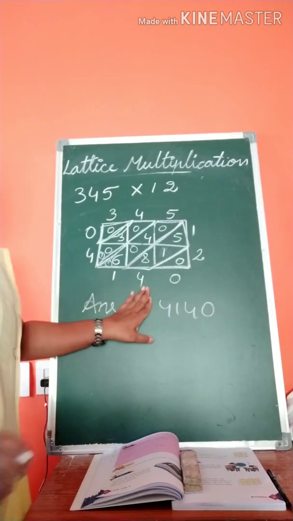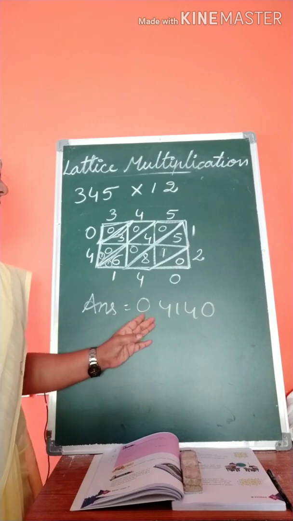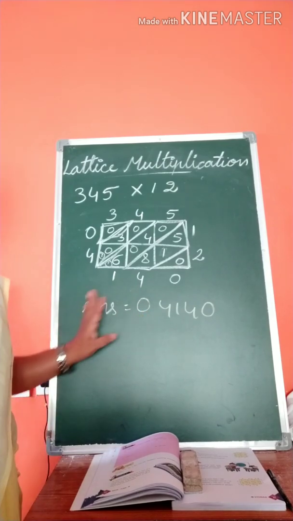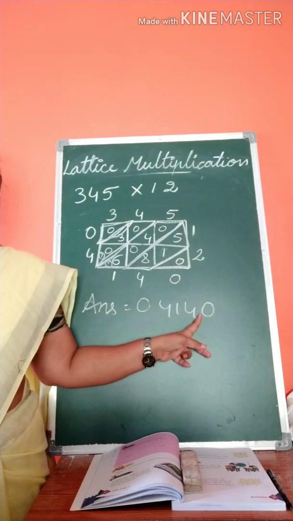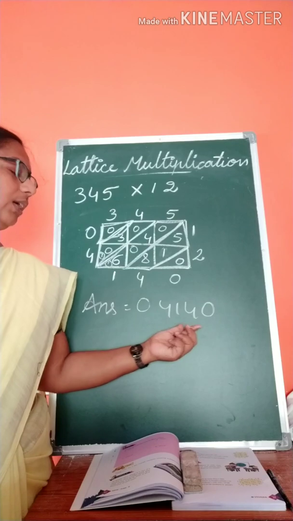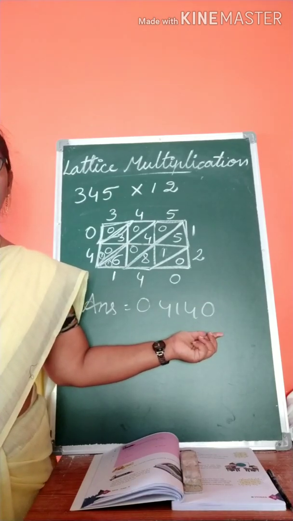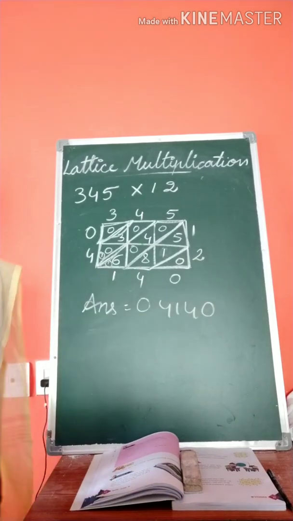But the answer here is 4140. So we can take out the 0 on the left hand side, but we should never take the 0 on the right hand side. So here the answer is 4140. This is how we do a multiplication using the lattice method.